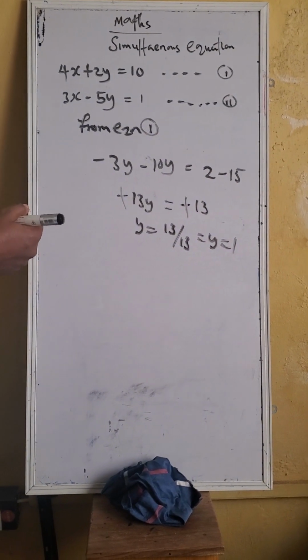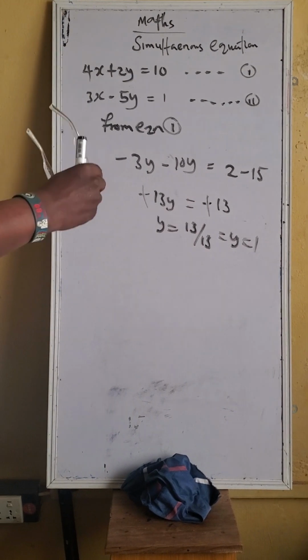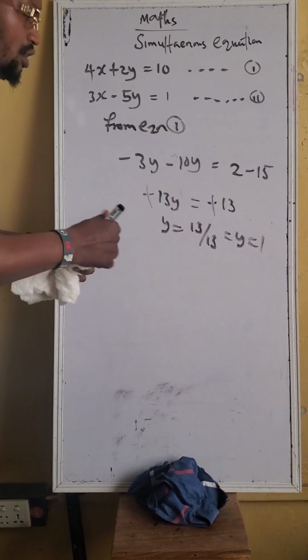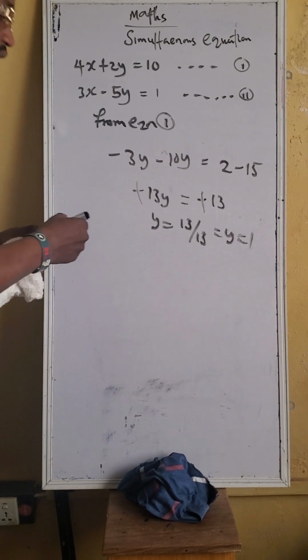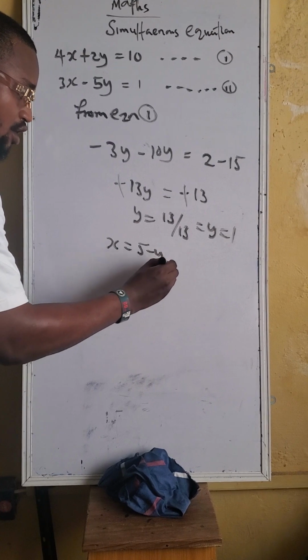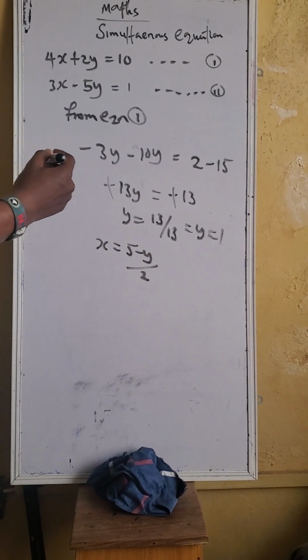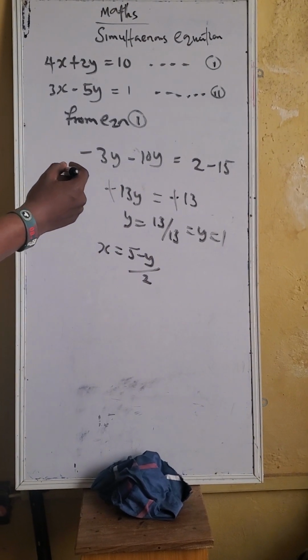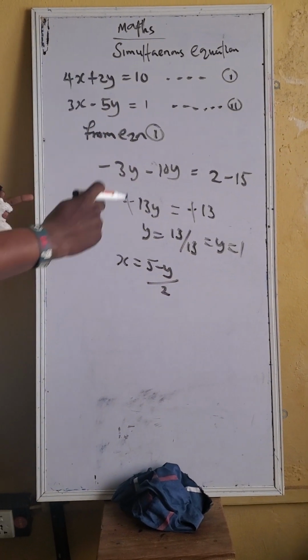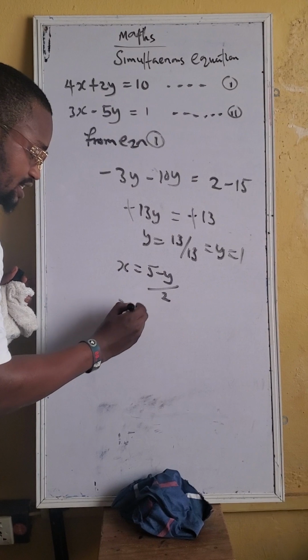Now you will recall that we stated that x is equal to 5 minus y over 2. That was what we got for x when we made it subject in equation 1. This will serve as equation 3.